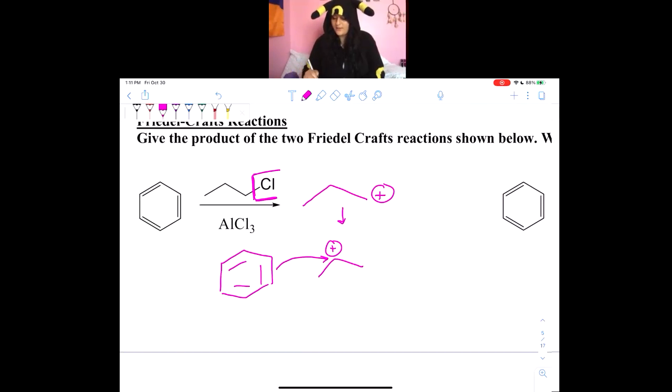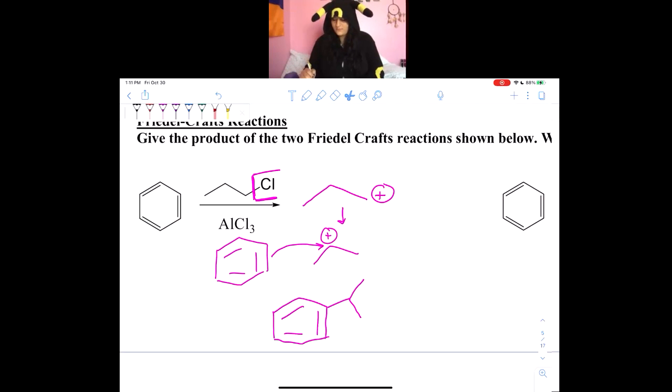And our final product then becomes, you're attaching to a carbon that is attached to two carbons, so it will look like so. I don't know why I did it going downwards, but whatever, that's just what's going to happen today.